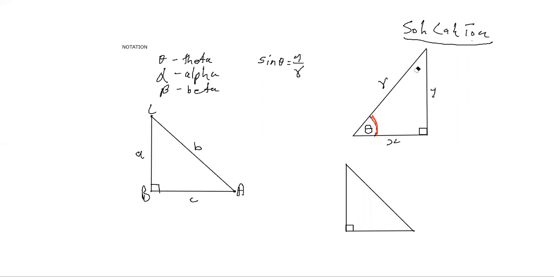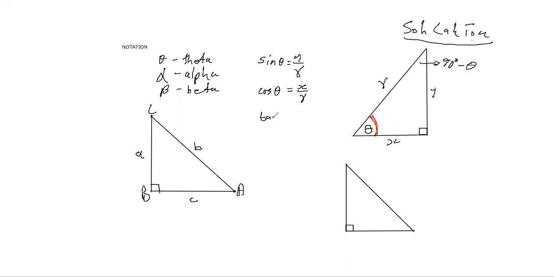Now, I also said, if you think about the sum of angles in a triangle, then this angle here is actually 90 minus theta, okay? And then if we look at the ratio cosine of theta, according to this triangle, that ratio should be x over r.